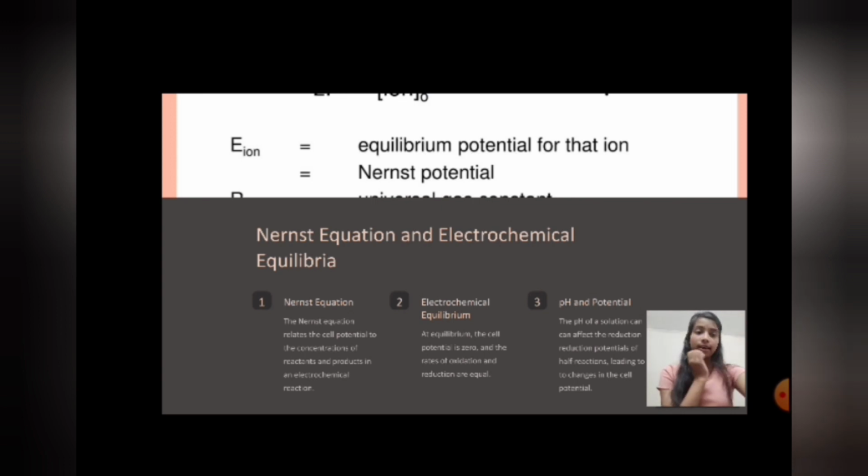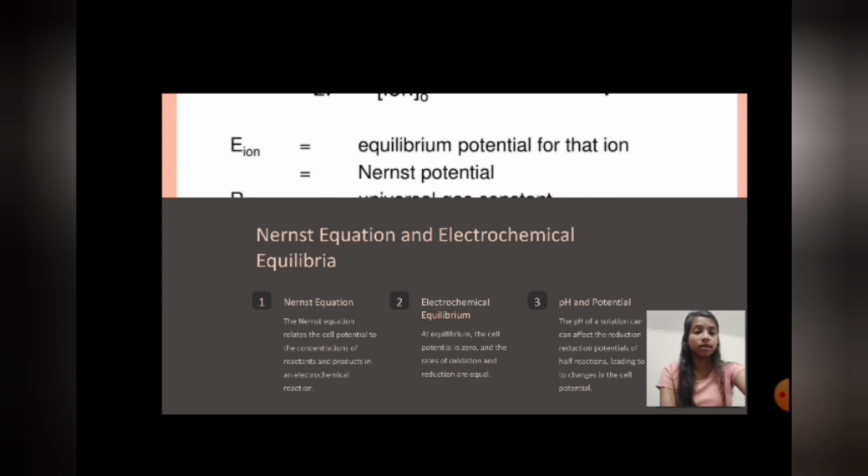Nernst equation and electrochemical equilibrium. The Nernst equation relates the cell potential to the concentrations of reactants and products in electrochemical reactions. Electrochemical equilibrium.